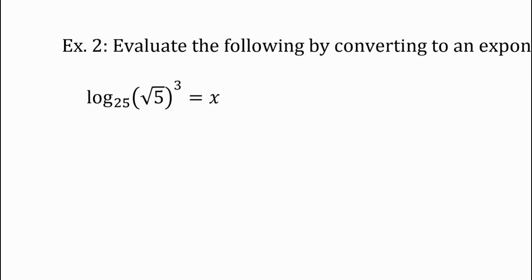25 is the base, it stays the same. 25 to the x, that's my exponent, equals the square root of 5 all cubed. So what do we want to do? We want to rewrite that square root in exponential form.